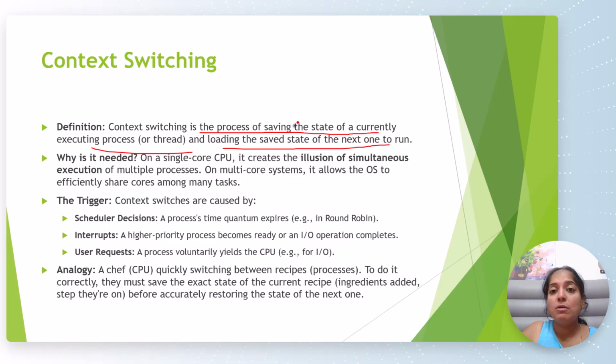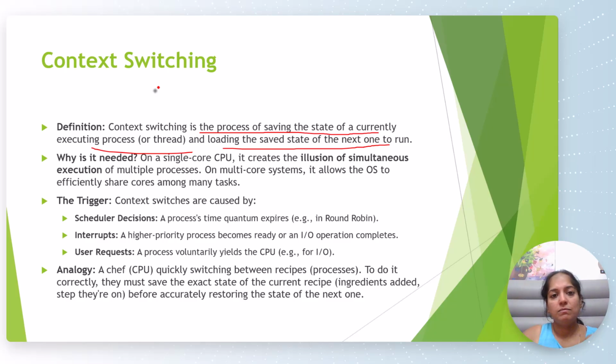When we talk about multitasking, multi-processing or multi-core systems, there are multiple processes which reside in the memory of the operating system, right? Now, one process is executing. Suppose we have a single core, a single processor, but it feels like multiple applications are running simultaneously.